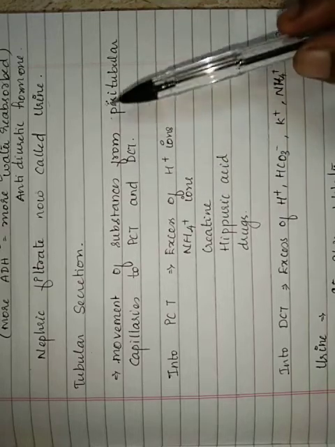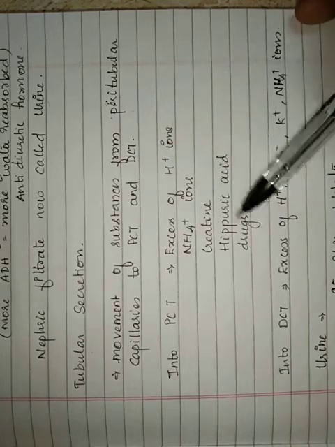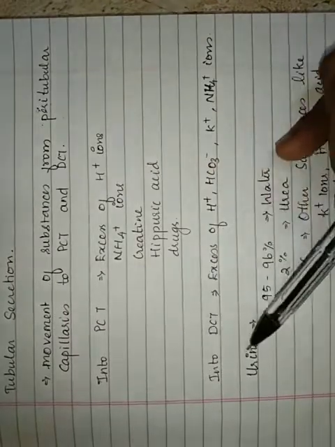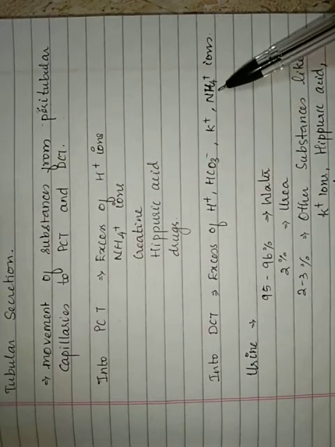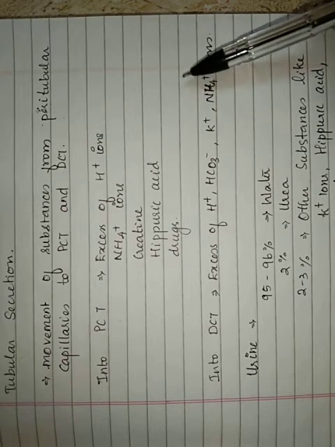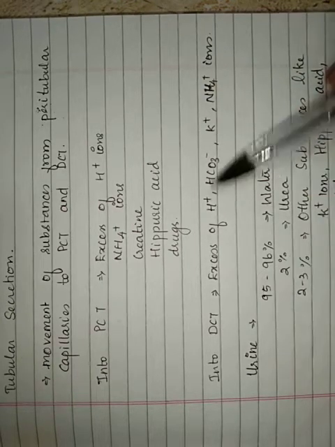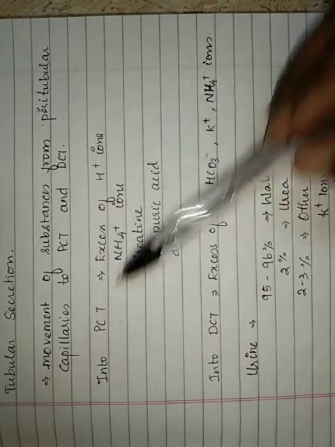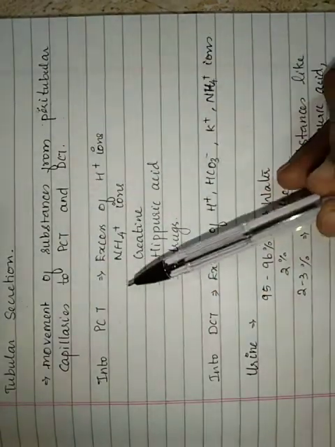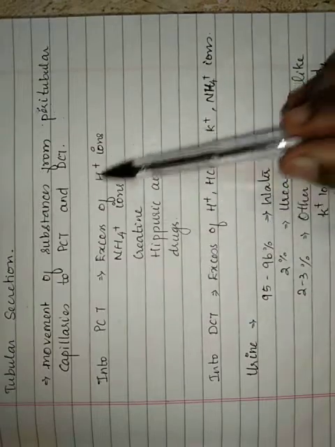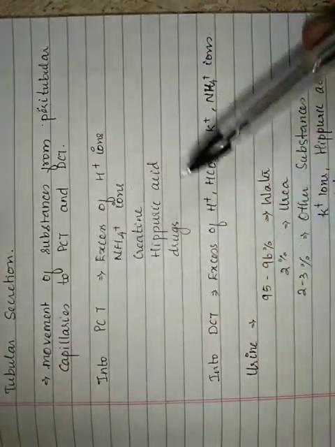DCTக்குள்ள வர்றது excess of hydrogen ions, bicarbonate, sodium, ammonium ions. All these comes for excretion purpose. அதனால தான் இதை secretion னு சொல்றோம். It is entering into the nephric filtrate, so for excretion. So it is called as tubular secretion.